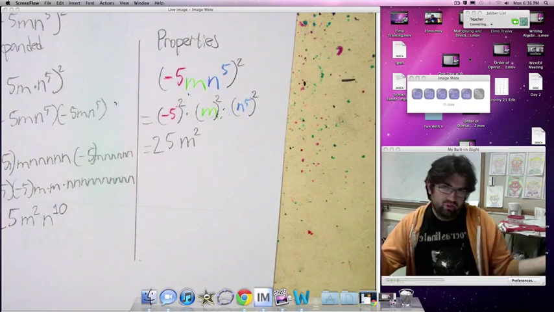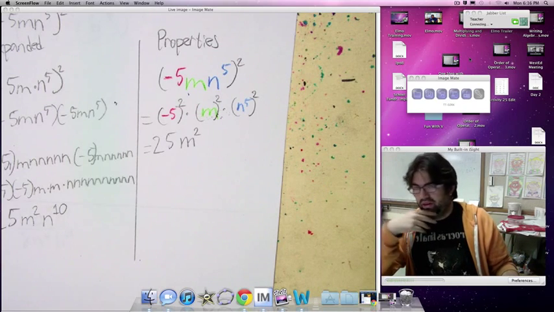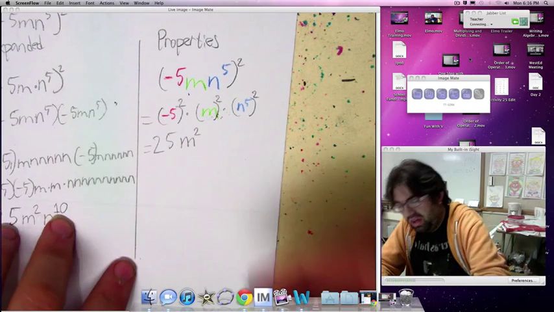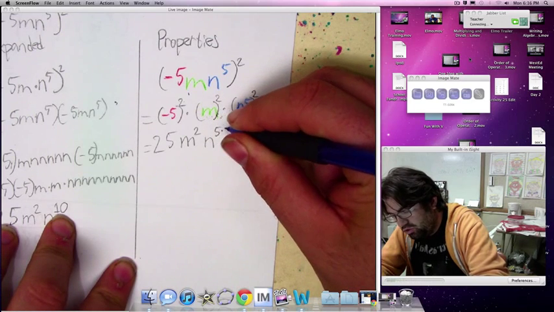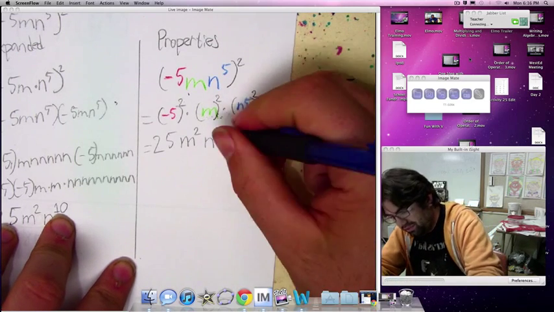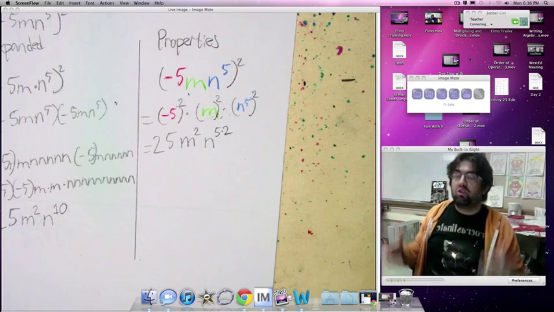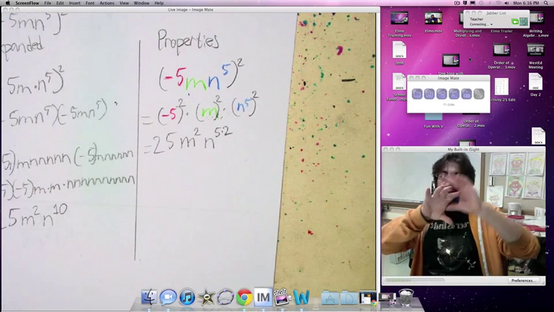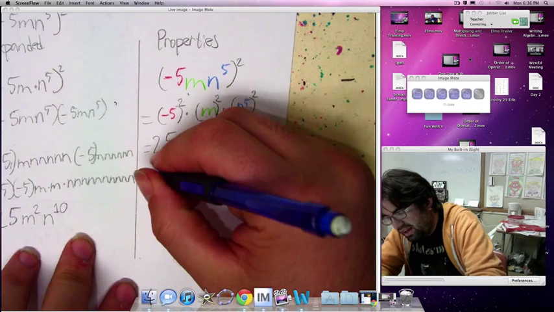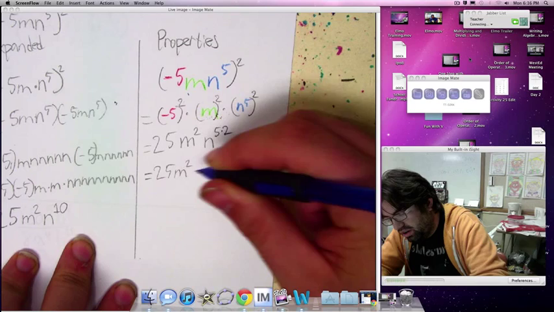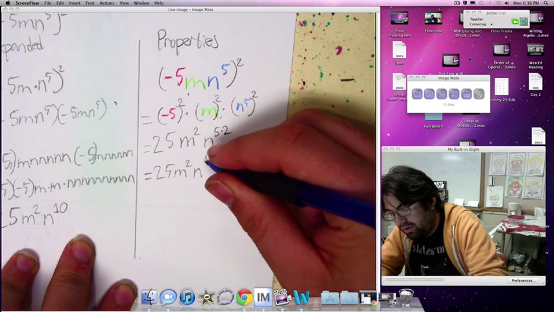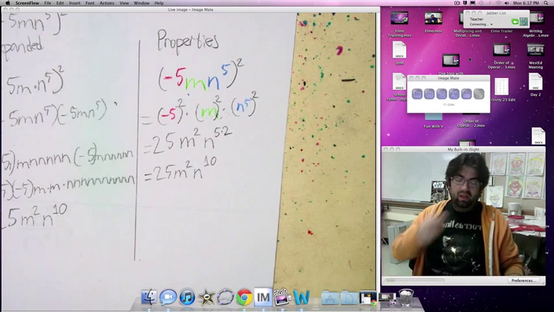Just lose the parentheses. Oh boy, we've got a power raised to a power. Well, that means it's n to the 5th times 2. Remember, we multiply the exponents together when it's a power raised to a power. And that's just equal to 25 m squared n to the 10th power. Hey, look, same thing's over there.